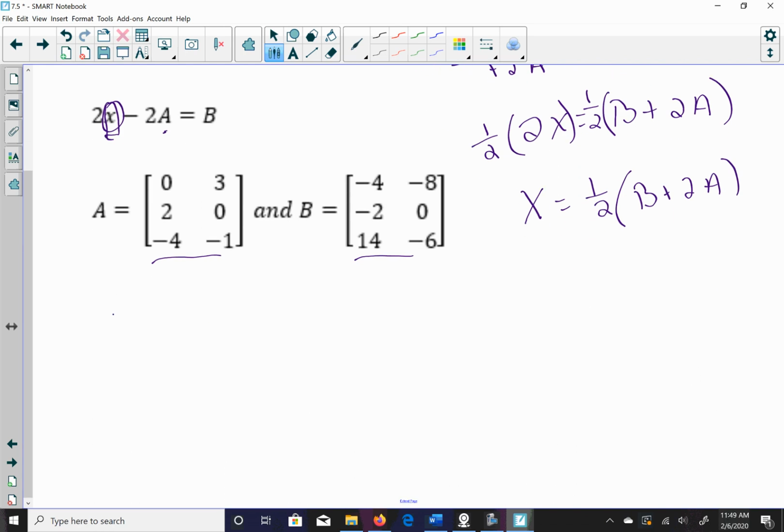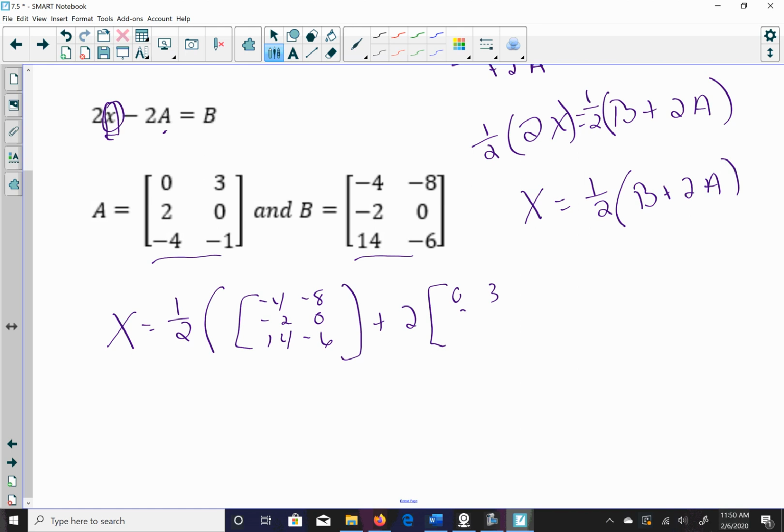Matrix X is equal to 1/2, and then matrix B, which is -4, -8, -2, 0, 14, and -6, plus 2 times 0, 3, 2, 0, -4, -1.